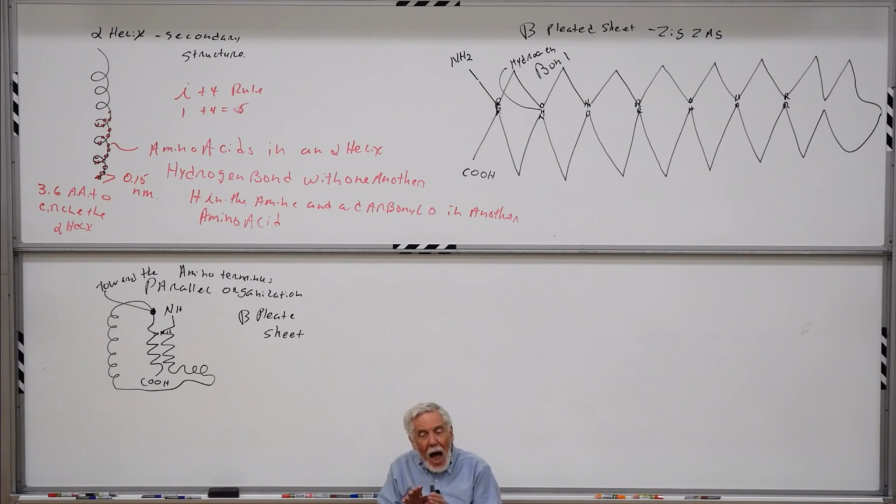Now, I'm going to skate right by this, but if you get into the nuts and bolts of protein chemistry, you'll find that the alpha helix in an aqueous environment is not very stable and usually has to be surrounded by beta pleated sheet to stabilize it, because the hydrogen bonding to the R groups on an alpha helix tends to make it fall apart.